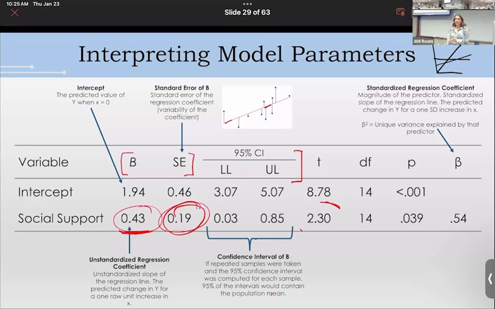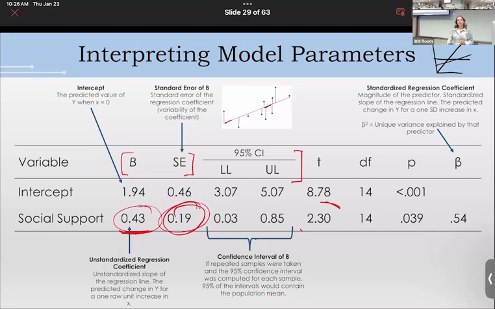You can look at that number and right away, no matter what unit you measured in, you know how strongly social support and self-esteem are related, and you know in what direction. They're positively related. So as social support goes up, so does self-esteem, and pretty strongly, 0.54.